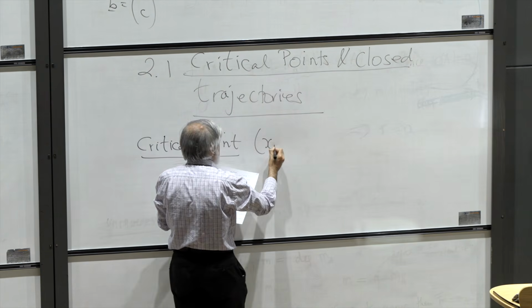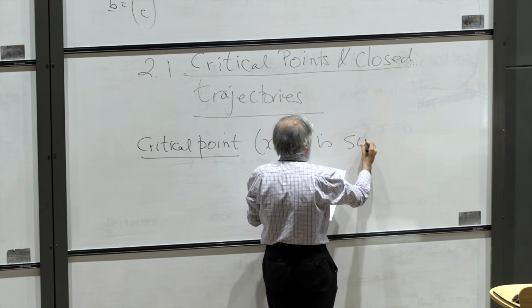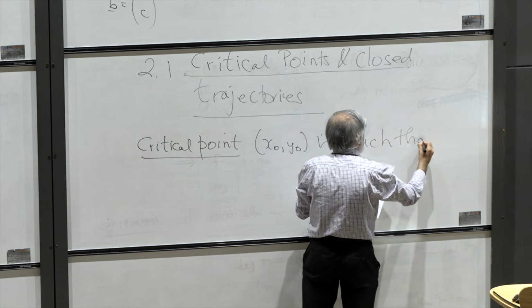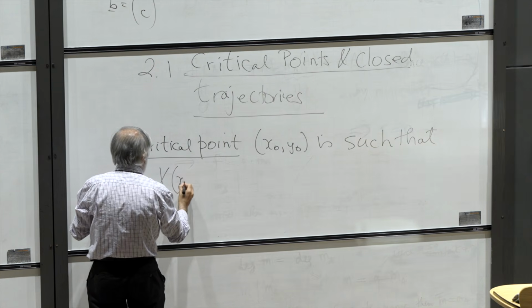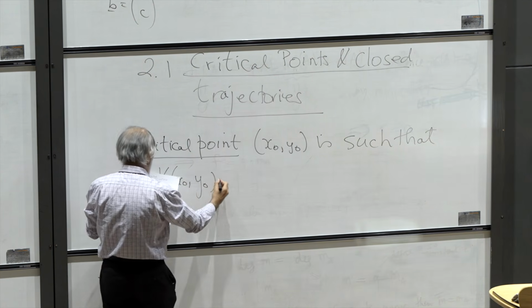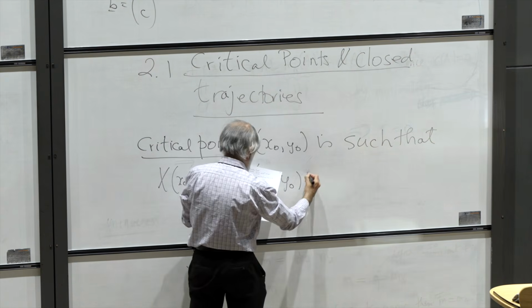So critical point x naught, y naught is such that big X of x naught, y naught is equal to big Y of x naught, y naught is equal to 0.